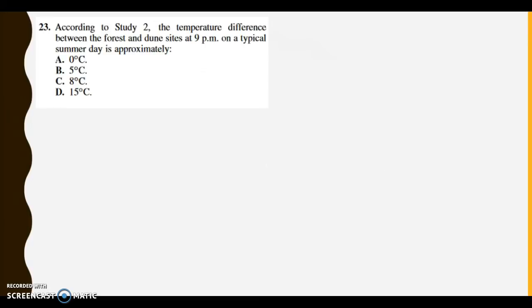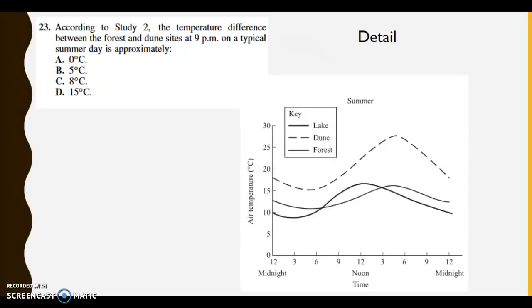Question 23. According to Study 2, the temperature difference between the forest and dune sites at 9 p.m. on a typical summer day is approximately what? This is a detail question. So we're going to look at our Study 2 in the summer. So here's our graph here. I'm going to go to 9 p.m. Now I need to make sure that I'm paying attention to where 9 p.m. is.